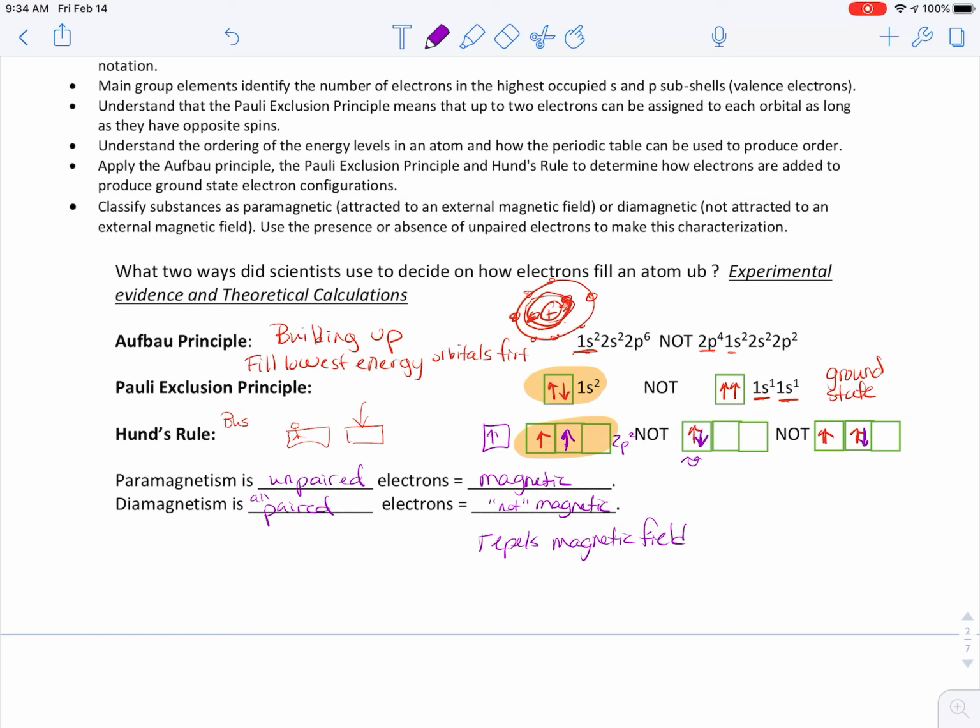This would also have already had filled the 2s, and he also would have had his 1s filled also. But when I look at these, the ones that matter are the ones at the very end. This guy right here on top, we would say diamagnetic. And then this guy over on the bottom, we would call paramagnetic.